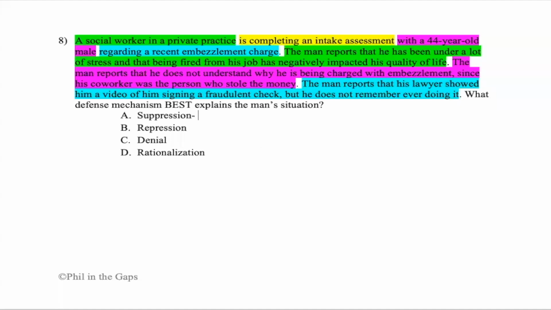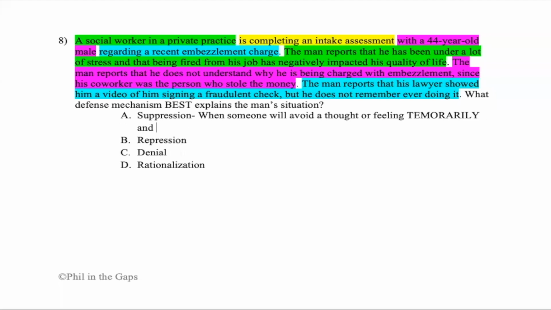So let's break down each defense mechanism, compare back to the question to see what we're looking at in particular. A, suppression is when someone will avoid a thought or feeling with a key emphasis on temporarily and acknowledge it later.